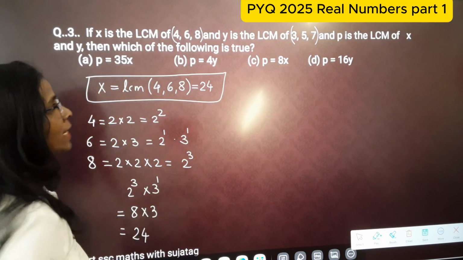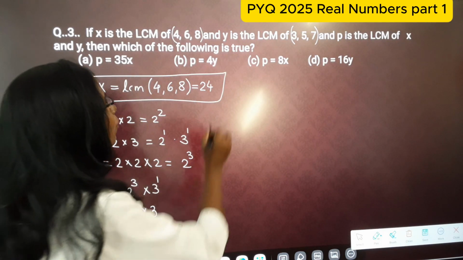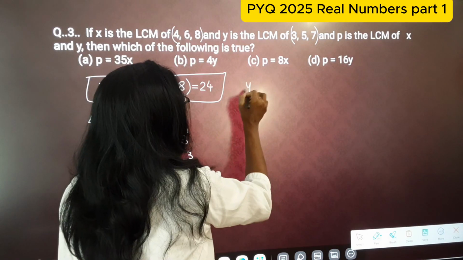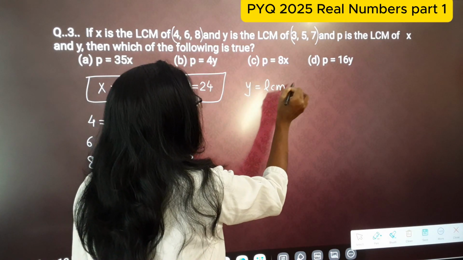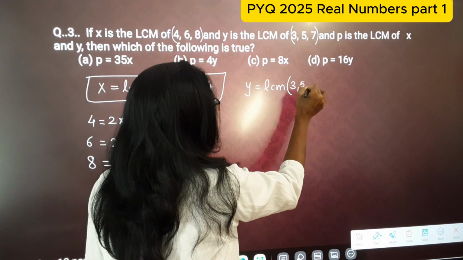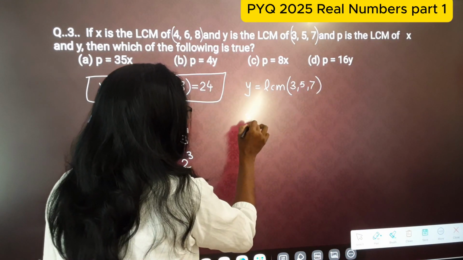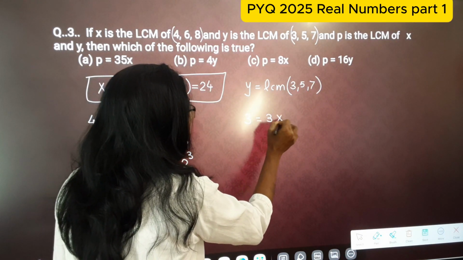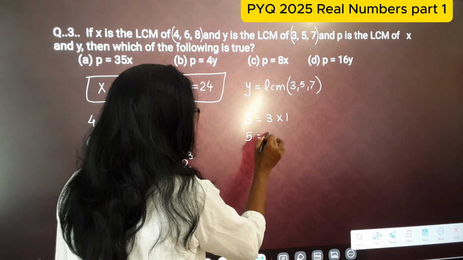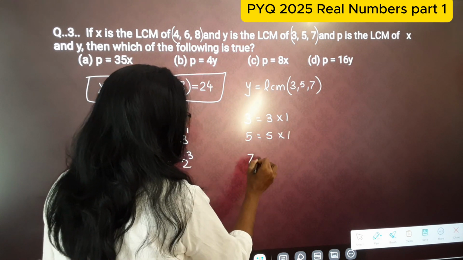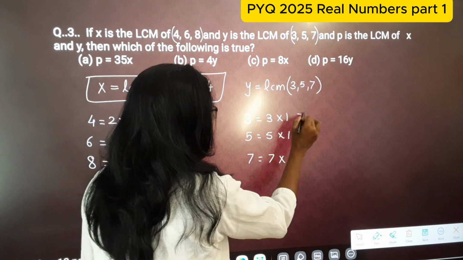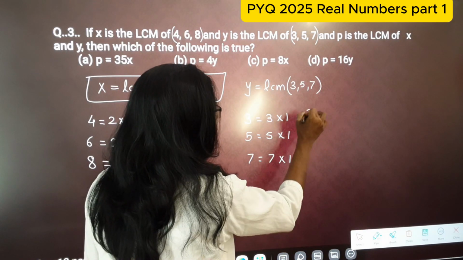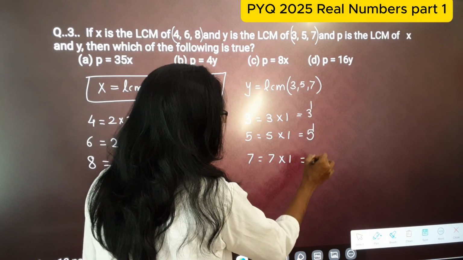Then the next condition is that y is the LCM of 3, 5, 7. First we factorize 3, 5 and 7: 3 raised to 1, 5 raised to 1 and 7 raised to 1.